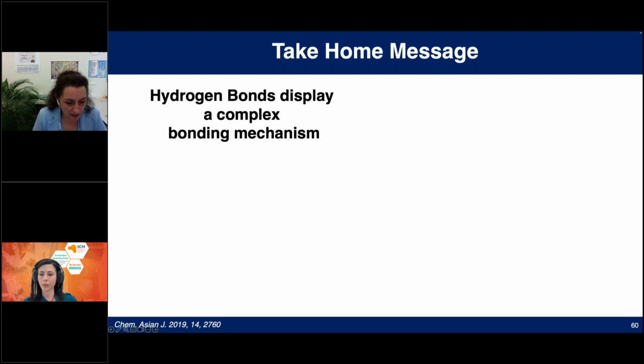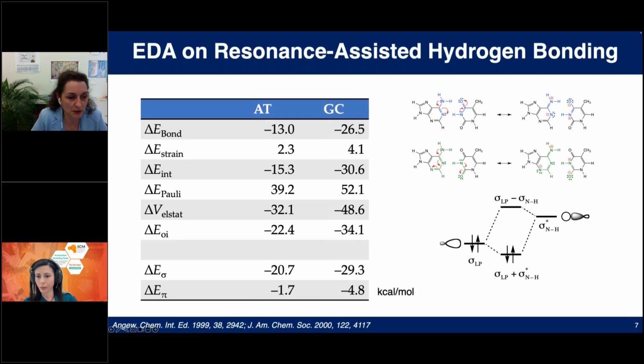So we have done that already in my work in '99, and it's actually in the JACS paper of 2000. We have computed the basis set superposition error, and that's very small. It's around 1 kcal per mole.